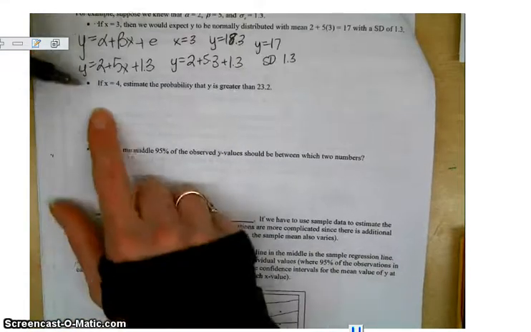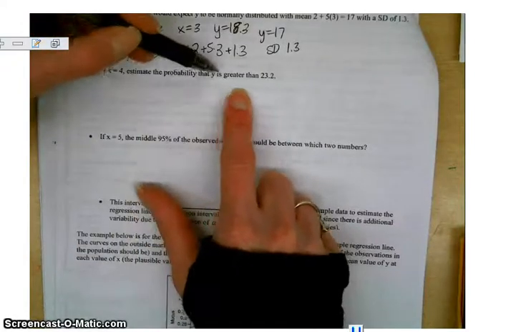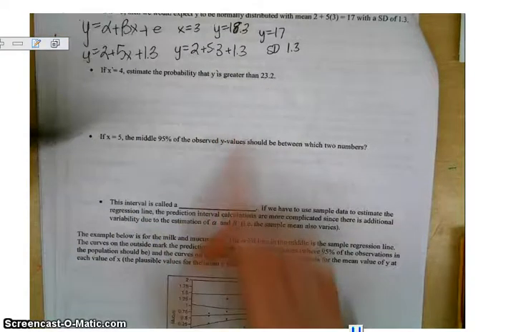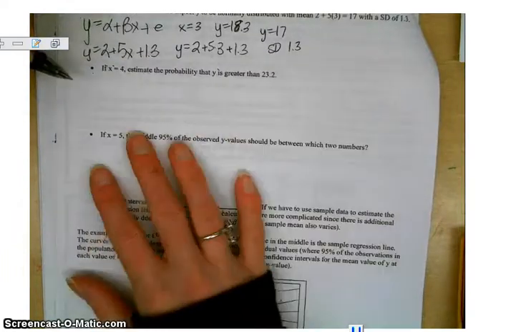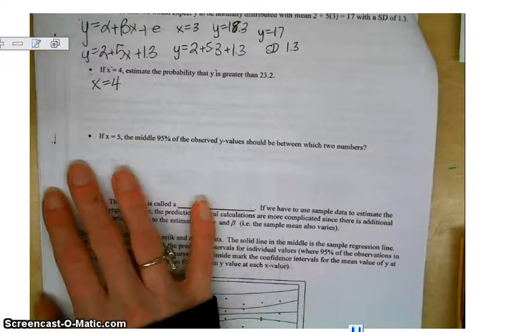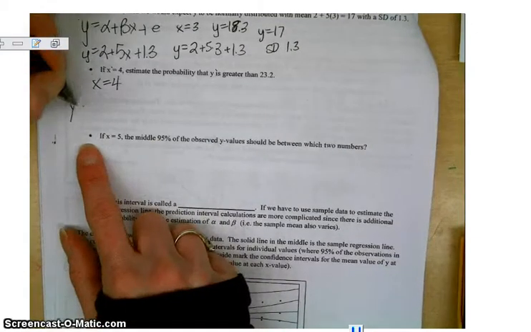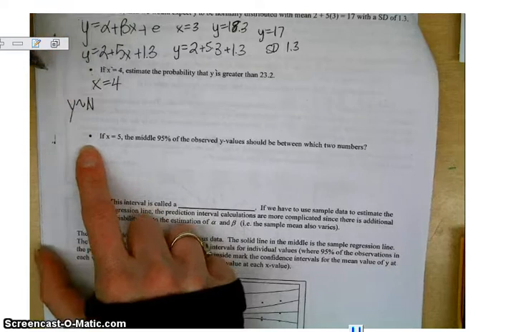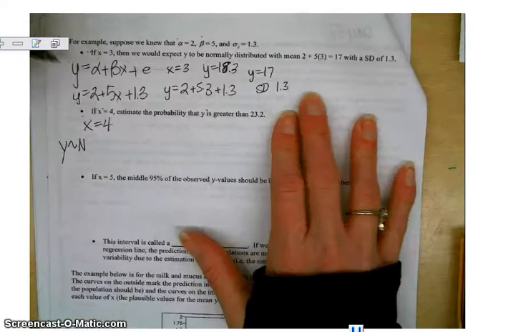Okay. So now, if x is 4, estimate the probability that y is greater than 23.2. Now this does ask a question here. So if x equals 4, what should y be? Well, y should be approximately normally distributed. We could write the same notation. Let me back up to this one.